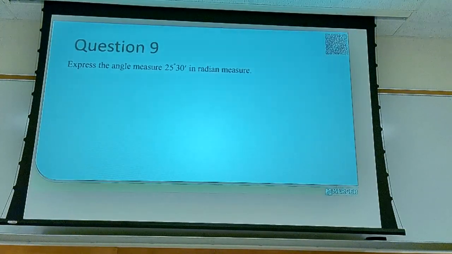And back into the DMS. This one's actually pretty nice. 25 degrees and 30 arc minutes. 30 arc minutes is half a degree. How much is 51 halves?